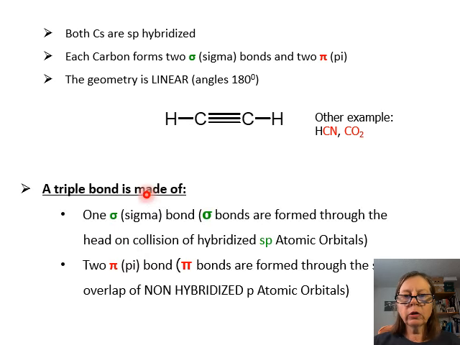Thus, a triple bond is made of a sigma bond formed from the overlap of hybrid orbitals and 2 pi bonds made from the overlap of non-hybridized p orbitals.